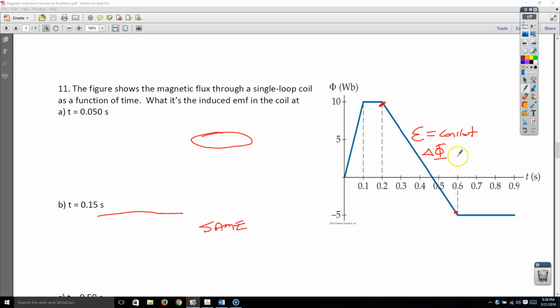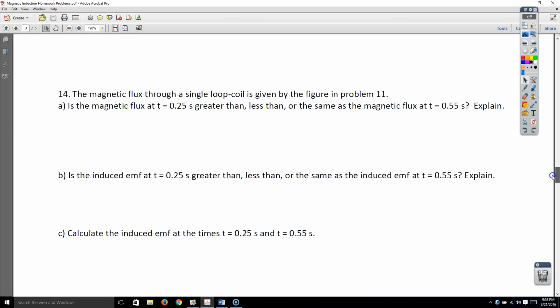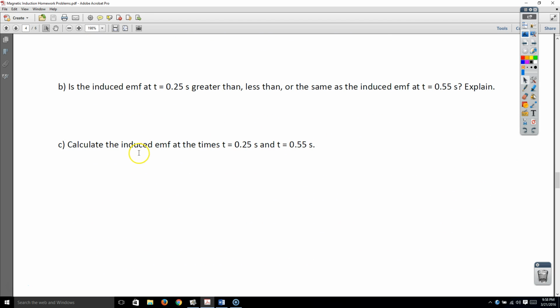For the next part of the problem, which is letter C, it says calculate the induced EMF at times 0.25 and 0.55. So to do that, we really just need the slope of that line. So here we're just going to say the EMF is going to be equal to the change in, oh, you know what, we need to do N also here.